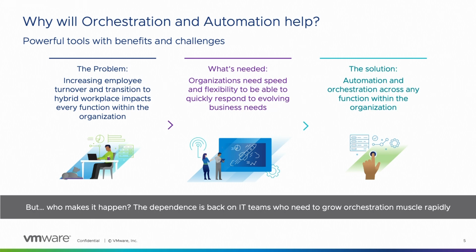So the current work environment highlights the crucial requirement for orchestration and automation, as we know. Factors like the pandemic, the rise of remote and hybrid work, and the Great Resignation have rapidly and significantly altered how organizations operate. The ongoing transformation stresses the significance of implementing effective orchestration and automation practices.